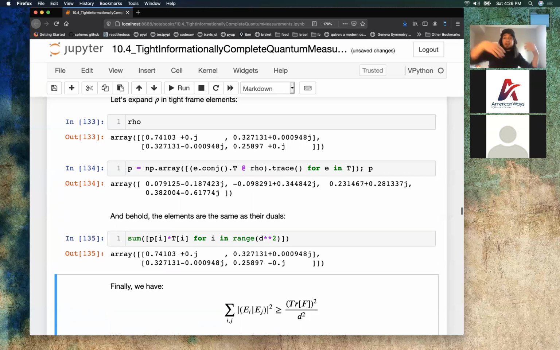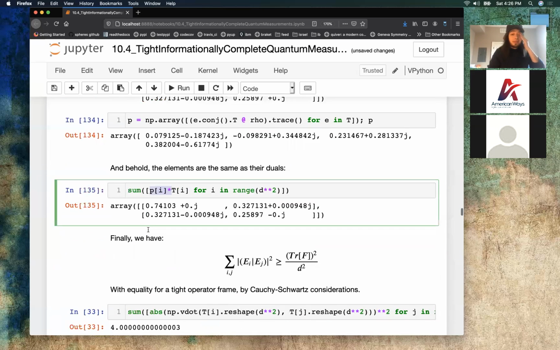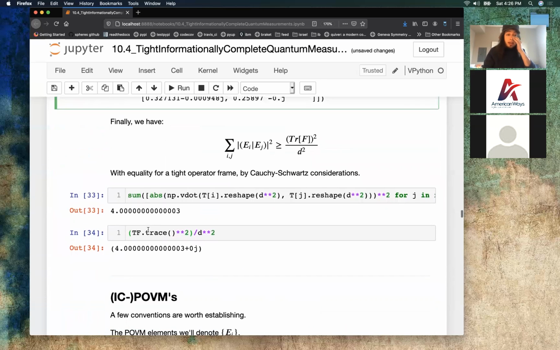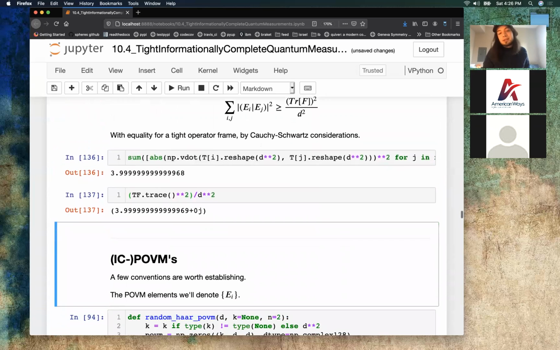In other words, the elements and their duals are just the same. So we can recover rho by just weighting the elements themselves by the trace of rho with that element. And here's just a little inequality that, whatever.